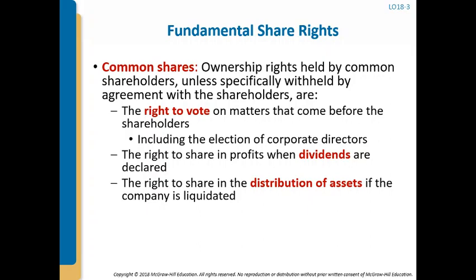They have the right to vote on matters that come before them. They definitely have a right to vote every year for corporate directors who come up for a revote. They have a right to share in profits if dividends are declared by the board of directors, and they have a right to share in the distribution of assets should the corporation be liquidated.